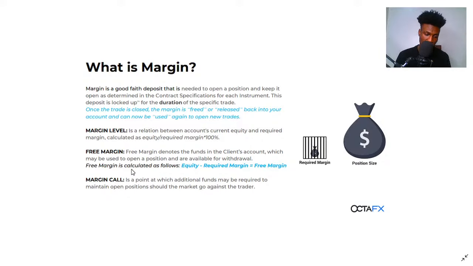So you can either close this position right now or add more funds to your account to hold the trade. You only get a margin call notification if your trade is going against you, and if you're at the verge of losing so much money in your account, almost all the money.